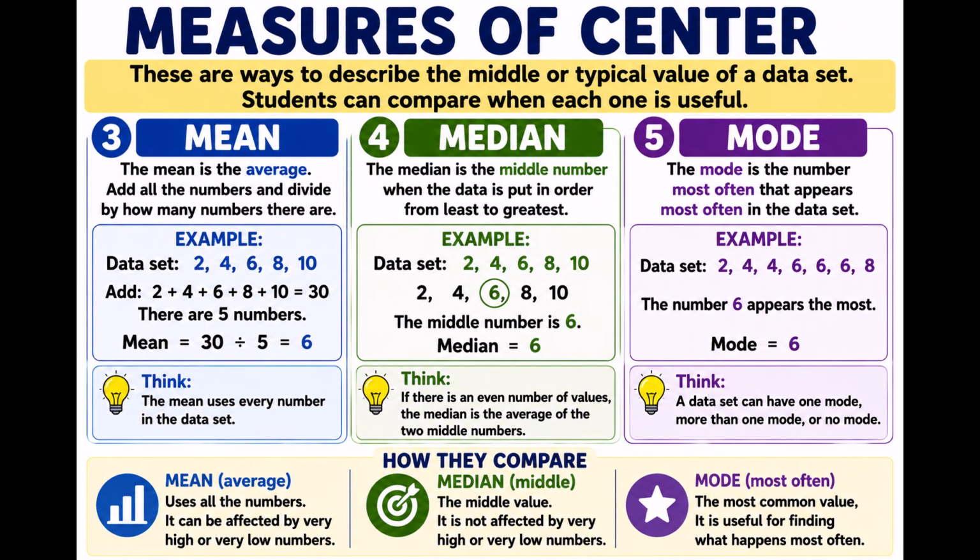A data set can have one mode, more than one mode, or no modes at all. The mode is the most common value. It is useful for finding what happens most often.